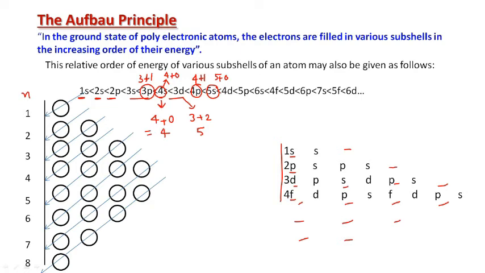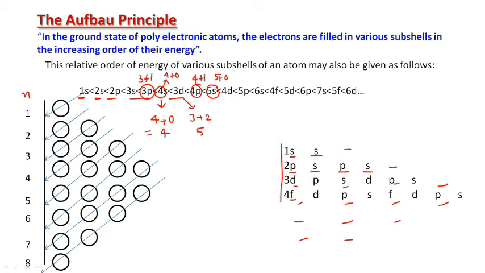After writing SPDF, you have to follow the reverse order: S followed by S, P followed by S, then repeat this again, P and S again, D followed by P, S, and repeat the order DPS. Then F is followed by DPS, and again repeat the order FDPS.